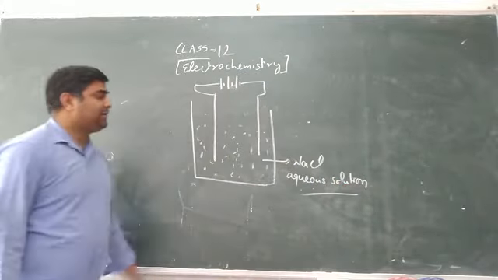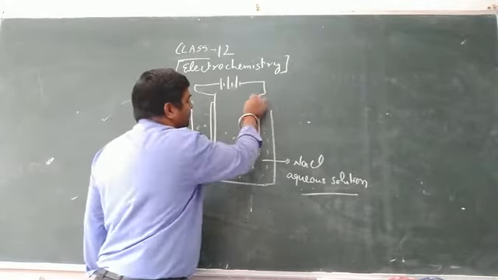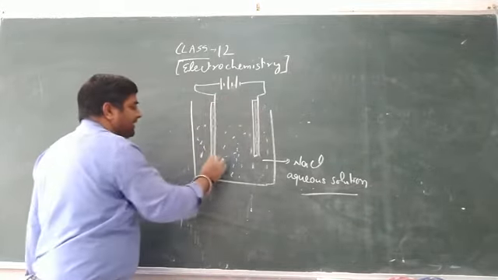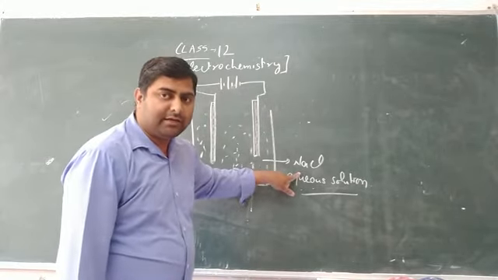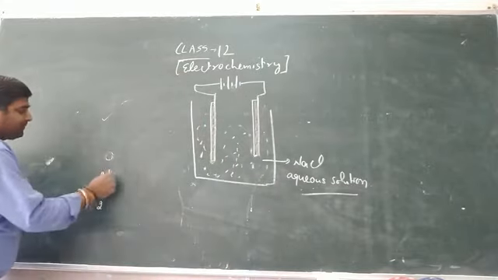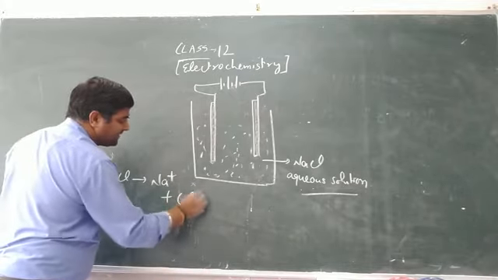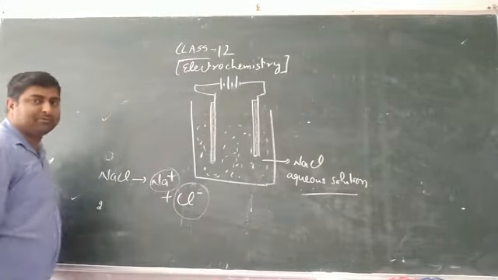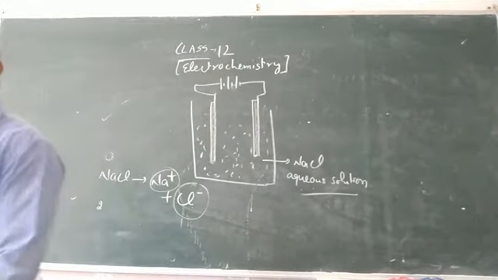It has been found that when electric current is passed through these two electrodes which are dipped in an aqueous solution of NaCl, the NaCl dissociates into ions, forming sodium ions as well as chloride ions. This process of dissociation of an electrolyte into its ions is called electrolysis.